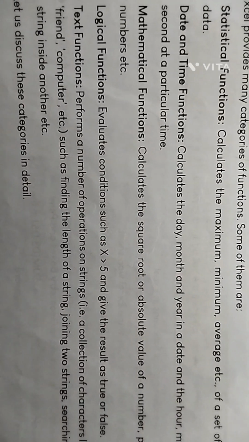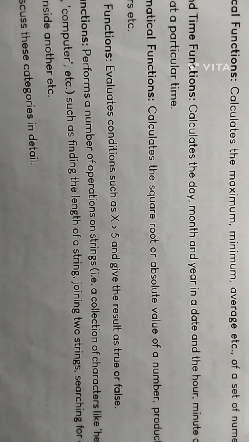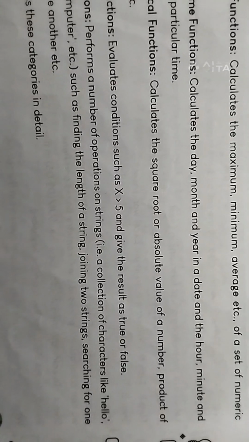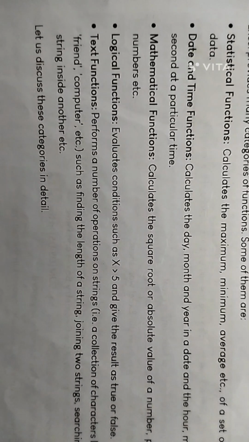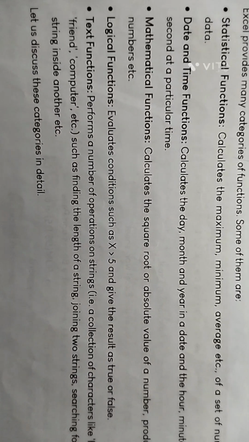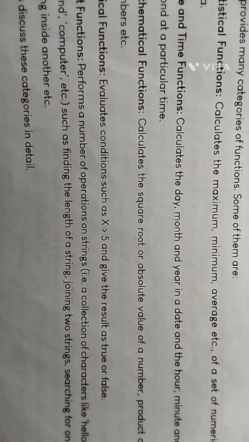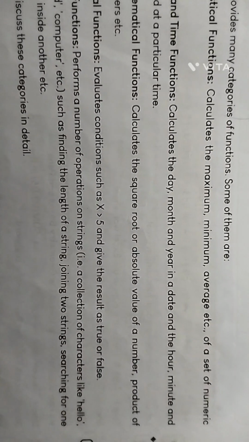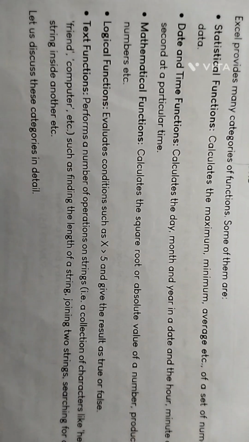Mathematical functions calculate the square root or absolute value of a number, product of numbers. Logical functions evaluate conditions such as AND and give the result as true or false.